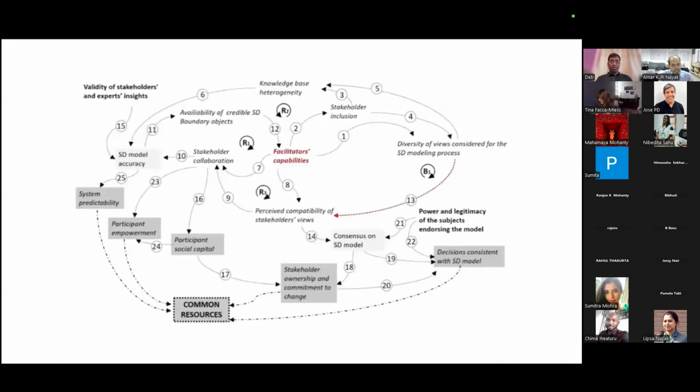This is a system dynamics model. Now you can look at it, there are so many elements and each one would be impacting the other. For example, the perceived compatibility of the stakeholder view would be impacting consensus on the ST model.